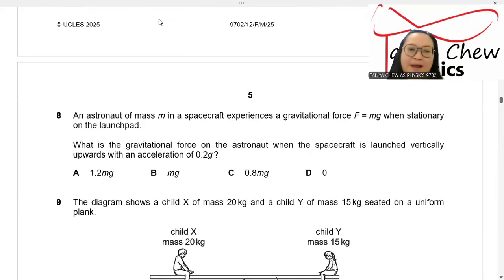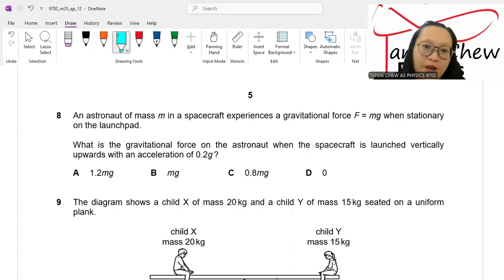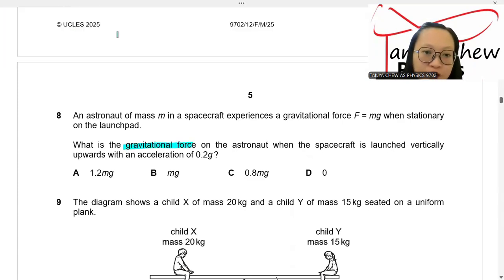Now, question number 8. An astronaut of mass m in a spacecraft experiences a gravitational force F equals mg when stationary on the launch pad. What is the gravitational force on the astronaut when the spacecraft is launched vertically upwards with an acceleration of 0.2 g? I want you to see this very, very carefully. They asked about gravitational force on the astronaut.